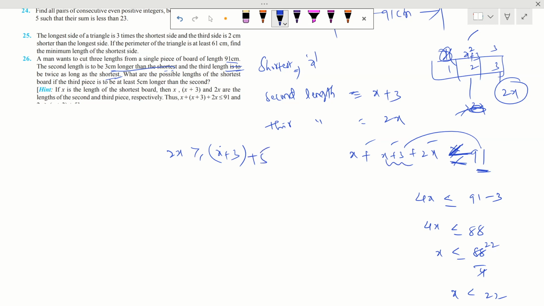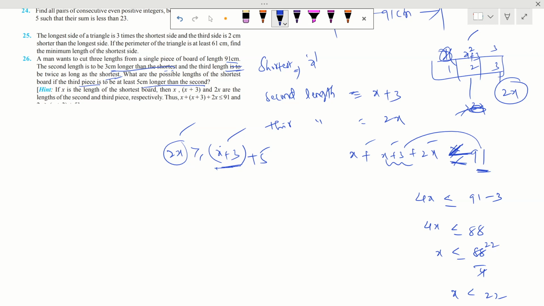The third piece is 2x, it should be at least 5 centimeter more than the second one.